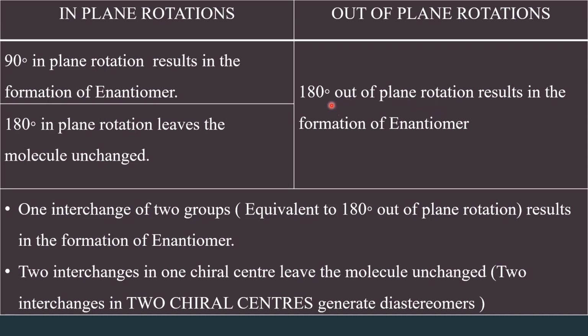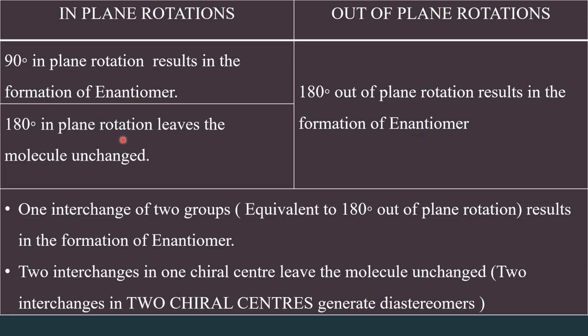Whereas if 180-degree out-of-plane rotation is done in a Fischer projection, that is equal to one interchange of two groups, which results in the inversion of configuration, or which results in the formation of its enantiomer.